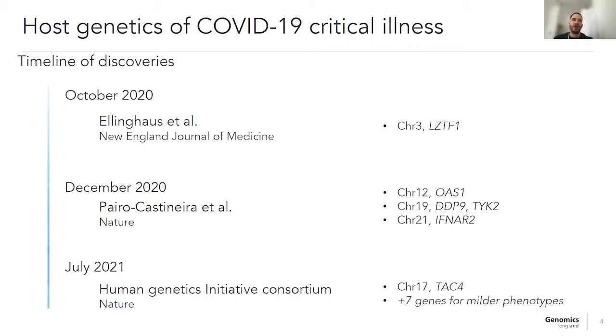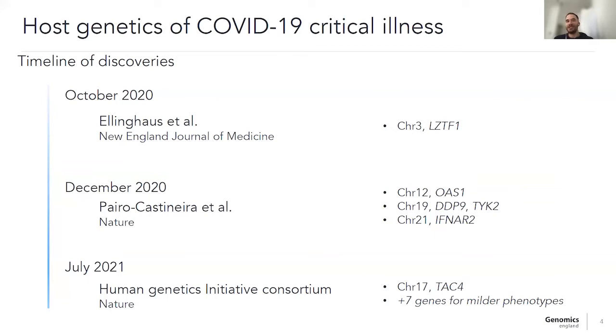3 chromosomes. And then the Human Genetics Initiative, which combines data across the whole world, identified an additional gene, TAC4, on chromosome 17, which predisposes for critical illness, and another 7 genes for milder phenotypes.